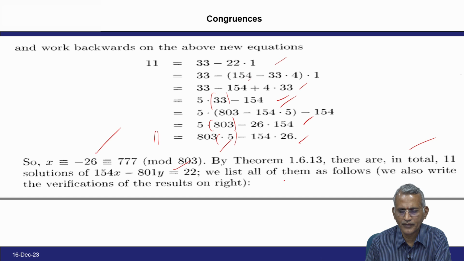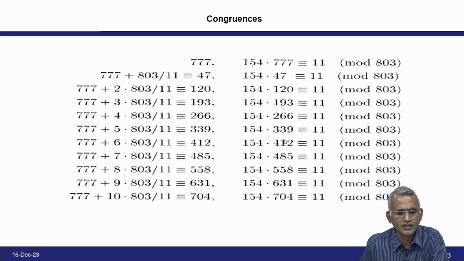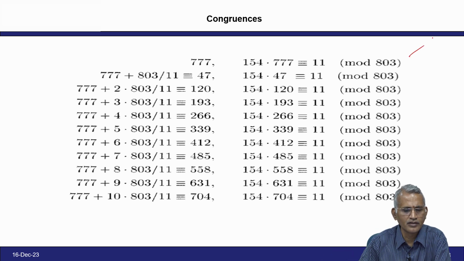So, we list all of them as follows, and we can write the verification of the result. We can express 154 into 777 as identically equal to 11 under modulo 803.